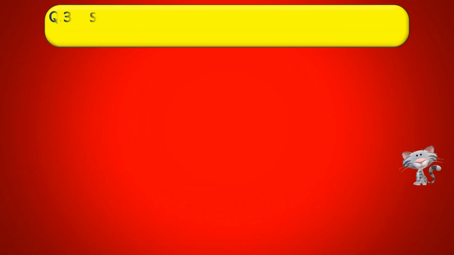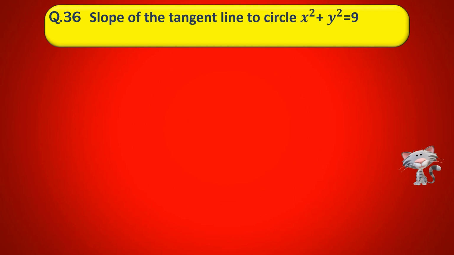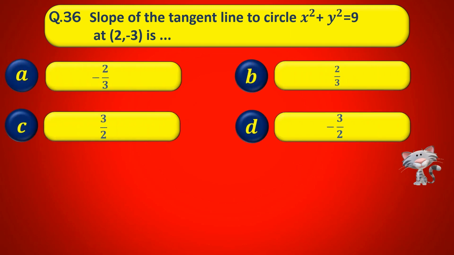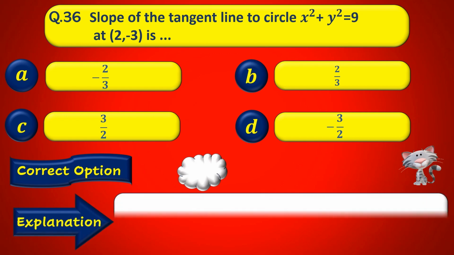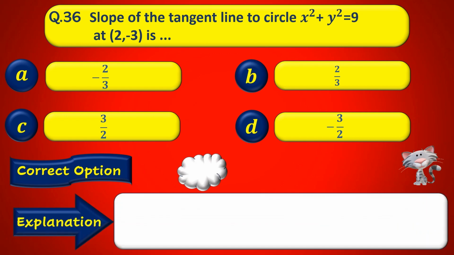Question number 36. Slope of the tangent line to the circle x² plus y² is equal to 9 at (2, −3) is, the options are, let's find out which one is the correct option. We know that the first derivative dy/dx gives the slope of tangent line at a certain point. So all we need to do is to find dy/dx.